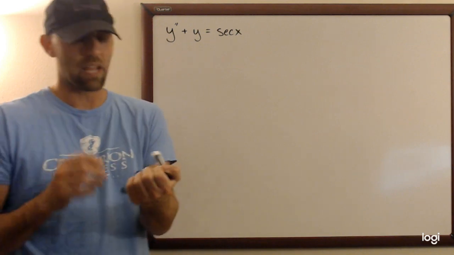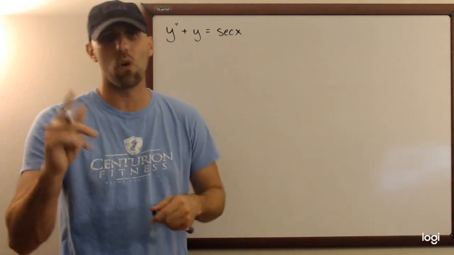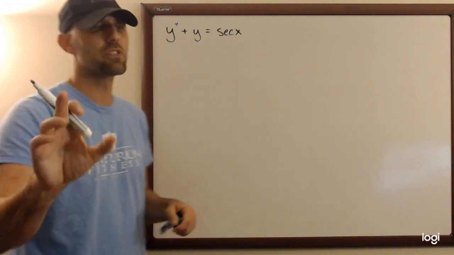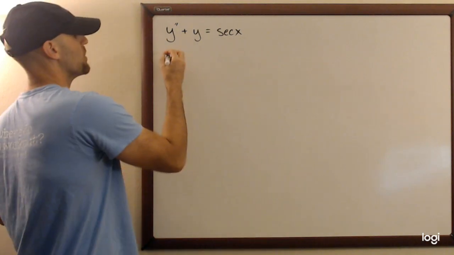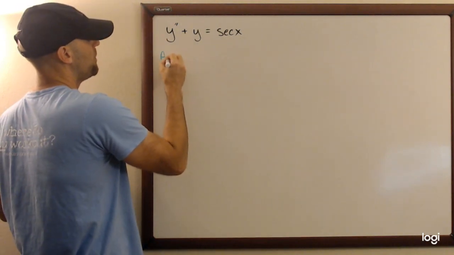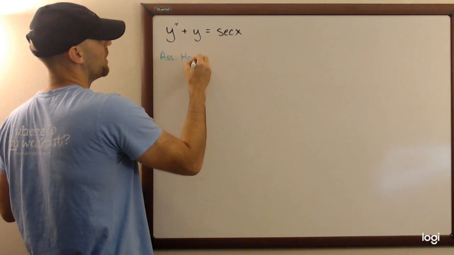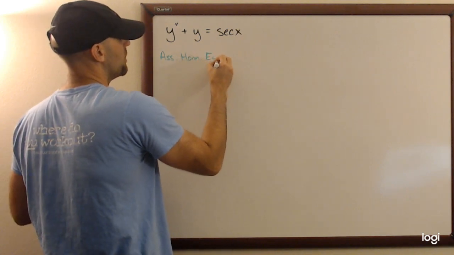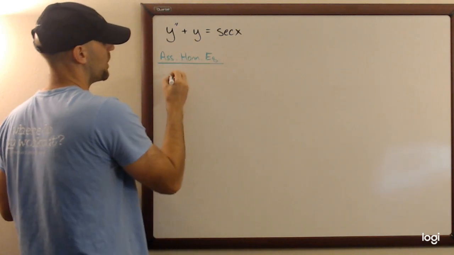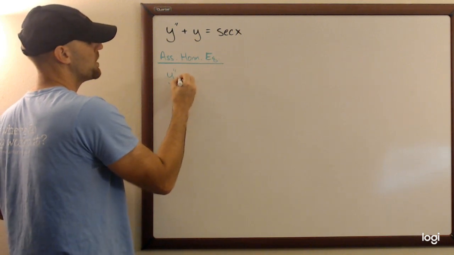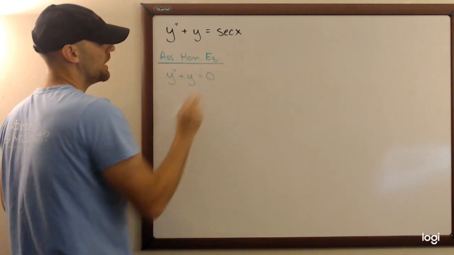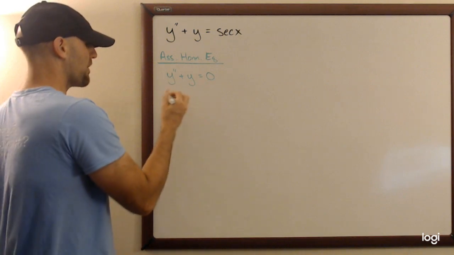Okay? So again, variation of parameters method, the first thing I want is the solution for the associated homogeneous differential equation, right? So here we go, associated homogeneous equation. First thing I want are the solutions to y double prime plus y equals 0. This is very, very easy.